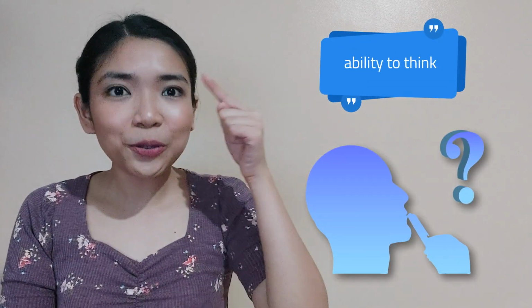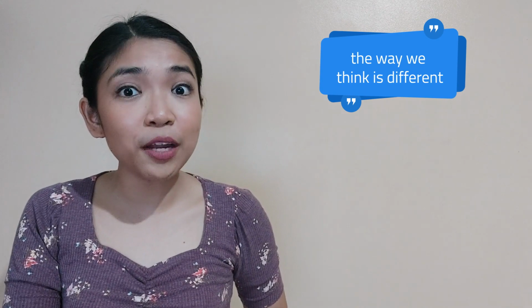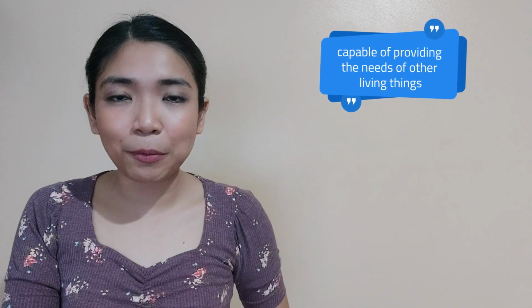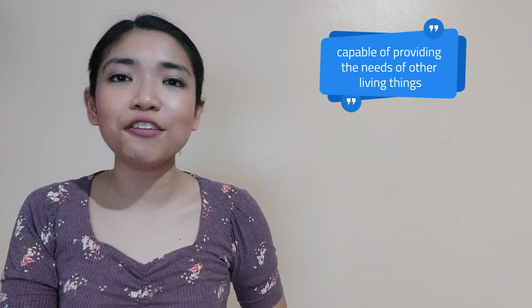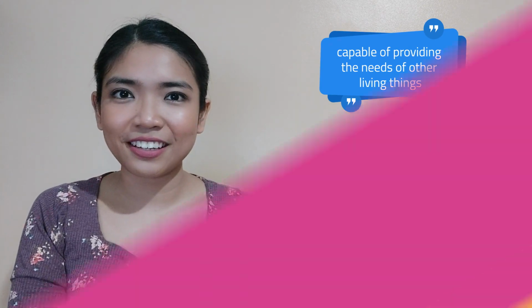We also have our senses. But what makes us different from other living things is our ability to think. Animals can also think, but the way we think is different from their way of thinking. This is what makes us capable of providing the needs of other living things.